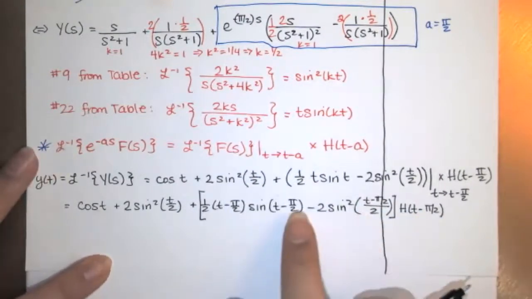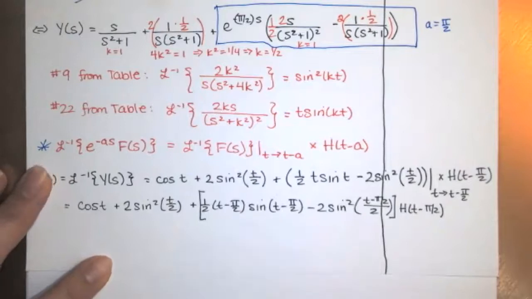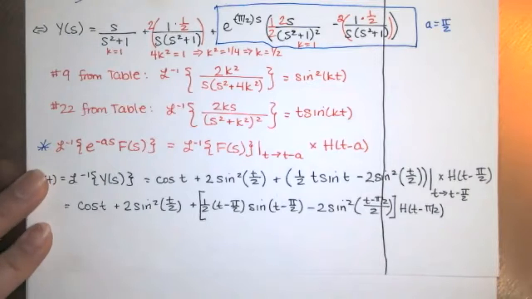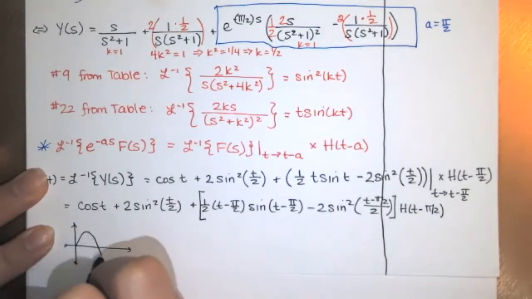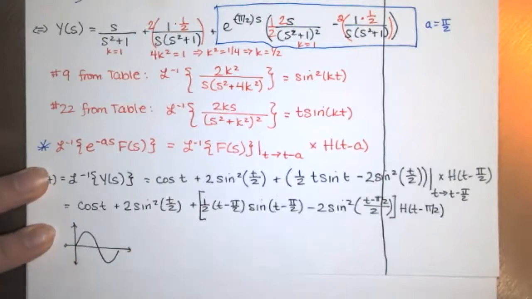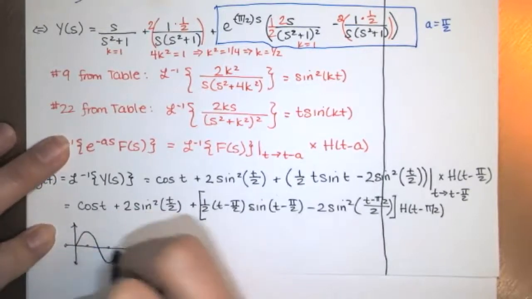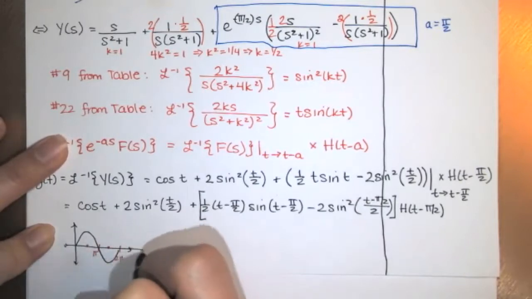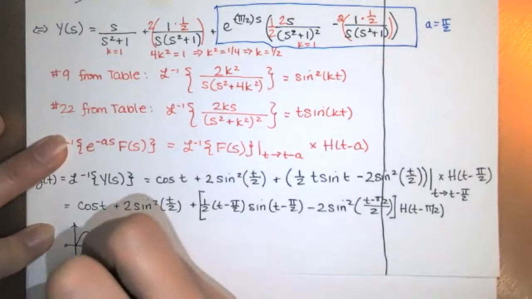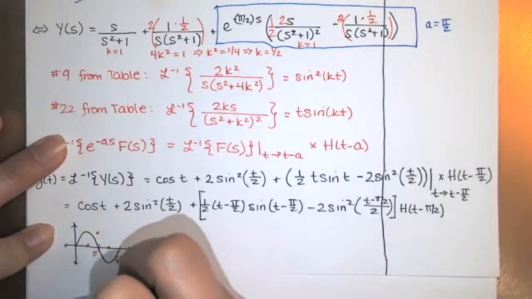Now you could simplify this further. You could say, okay, what happens to the sine graph when we translate it pi over 2 units to the right? Let's do that real quick. This is pi, that's 2 pi. And if I go pi over 2 units to the right, it's going to look like this instead.